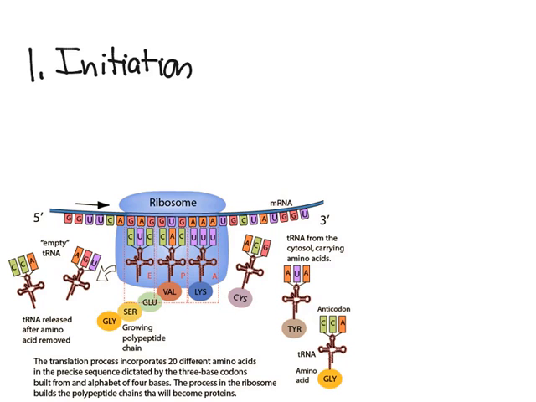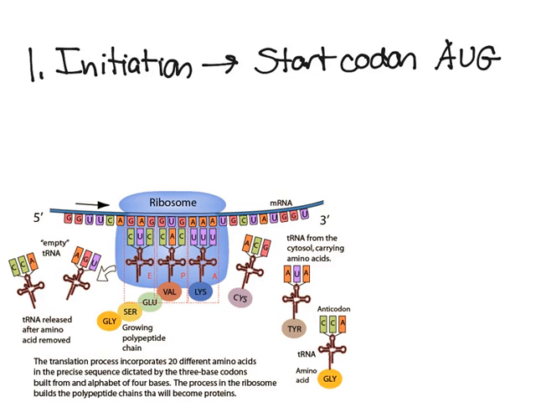First, the start codon, which is always AUG. And sorry if I didn't explain what a codon is before. A codon is a set of three base pairs, and they can be made up of a couple of different letters.